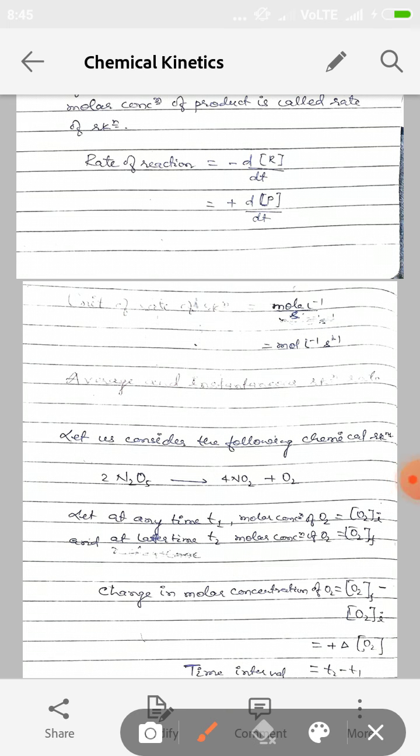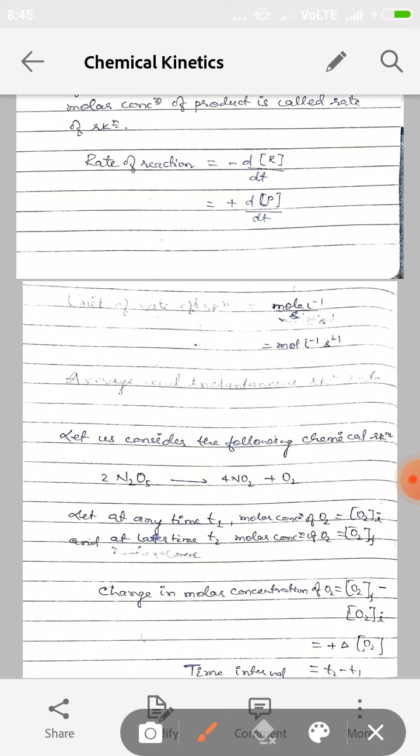Average and instantaneous reaction rate. Let us consider the following chemical reaction: N2O5 gives 4NO2 plus O2.